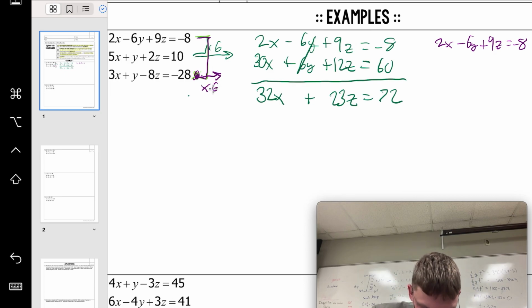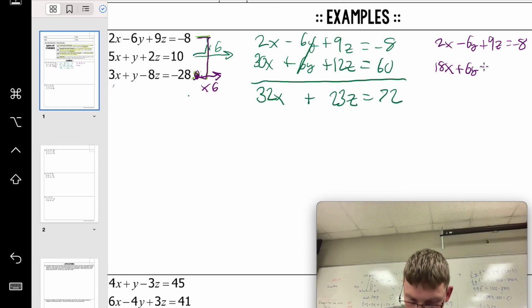So 6 times 3 is 18 plus 6y. 6 times 8 is -48z equals 6 times 28.